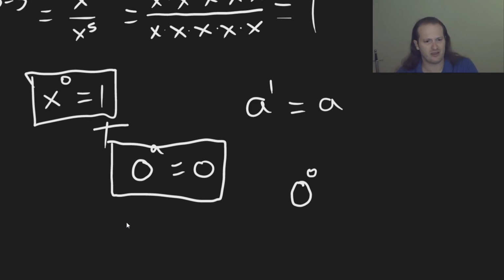Well, by this definition, anything raised to the 0 power equals 1. But then here we have 0 to whatever power, that's 0. So is this expression 0 or 1? There's actually no defined answer for this.